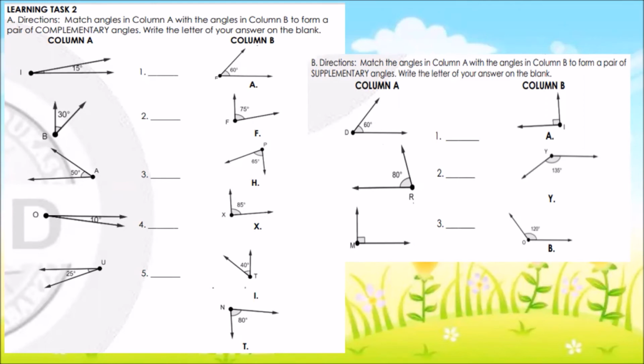So 180 degrees minus the measure of the angle given, find in column B its partner to make it 180. Here in letter A, its partner to make it 90 degrees is what, so 90 minus the given. Here in B, 180 minus the given. I hope the task in learning task 2 is clear.